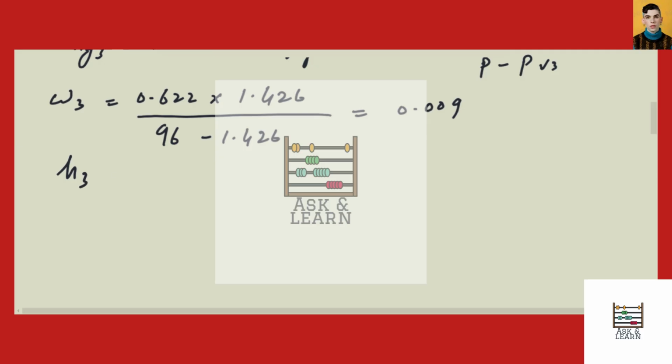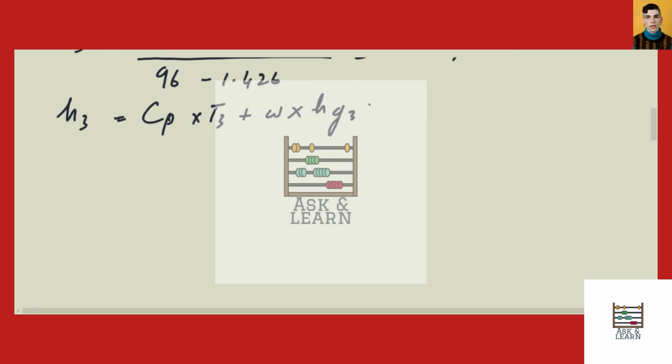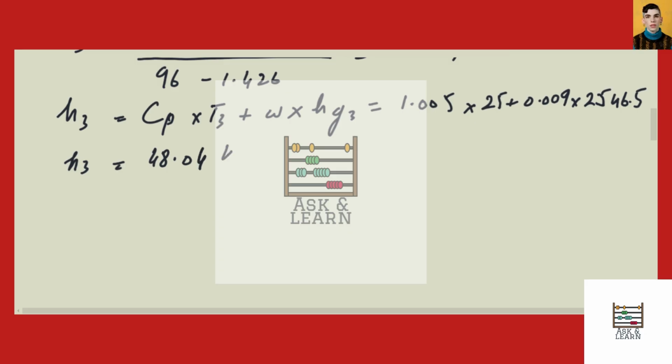So H3 is equal to Cp into T3 plus W into Hg3. So we put the values here, it's 1.005 multiplied by 25 plus 0.009 multiplied by 2546.5. So guys, H3 is equal to 48.04 kilojoules per kg.